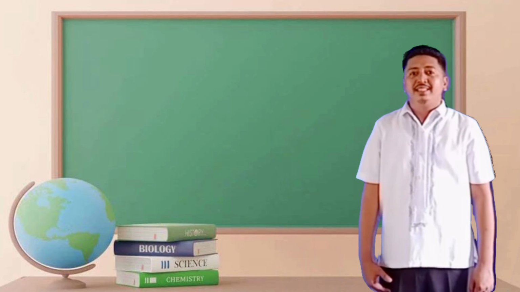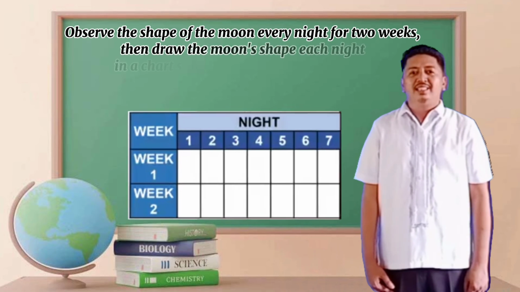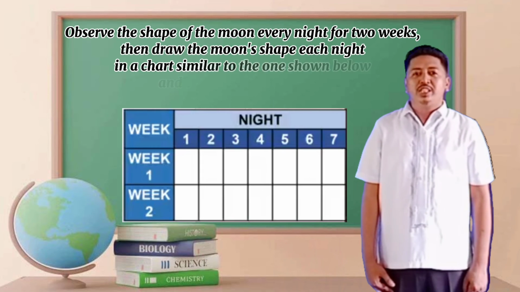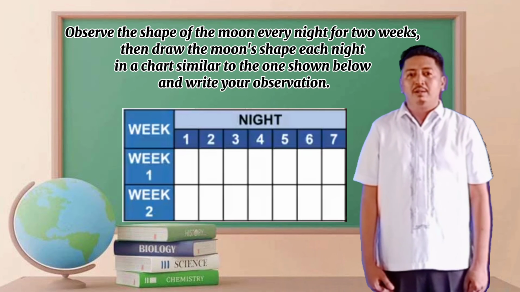And for your assignment, observe the moon every night for 2 weeks. Then, draw the moon shape each night in a chart similar to the one shown below, and write your observation.